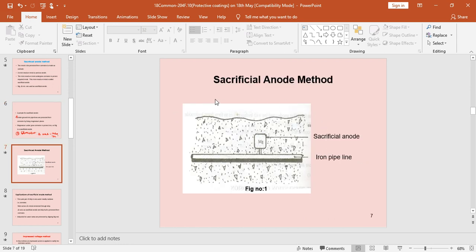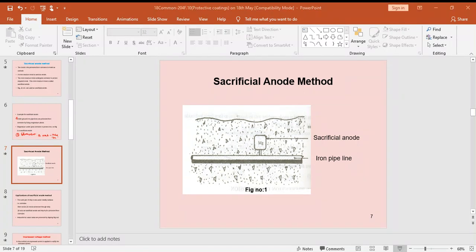Right. Now the diagram for the sacrificial anode method. See here, this is the underground iron pipeline. Now this iron pipeline is connected to magnesium metal. This magnesium metal is acting as a sacrificial anode.